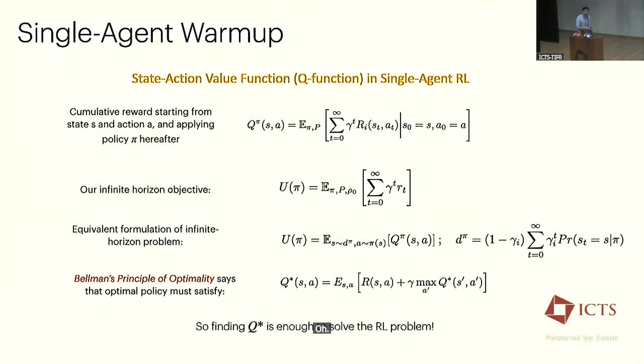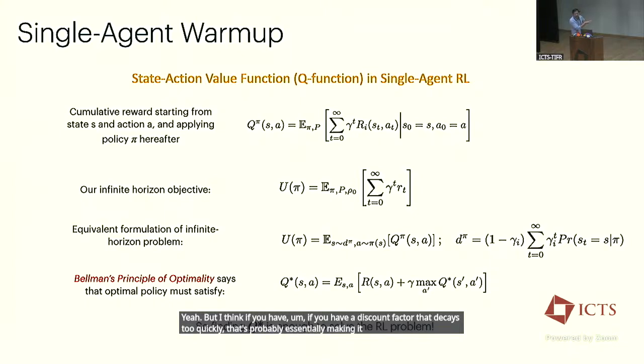Oh, faster than geometric. I think if you have a discount factor that decays too quickly, that's essentially making it a finite horizon game, right?